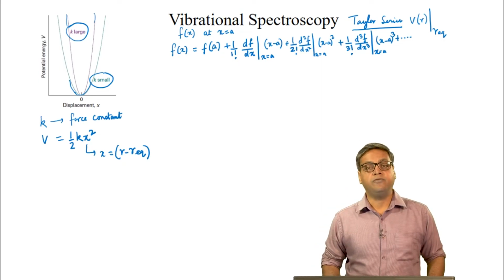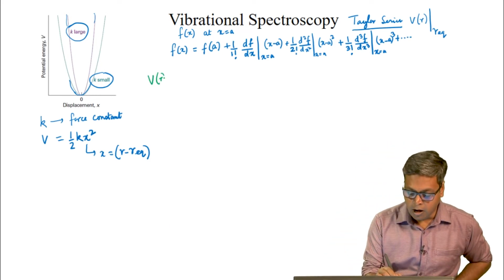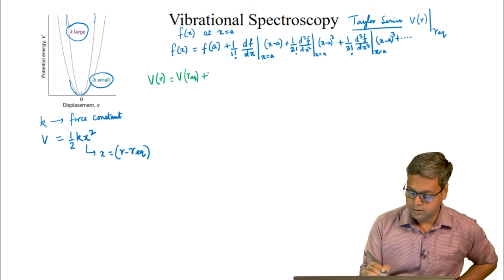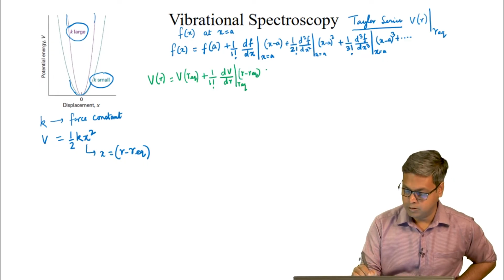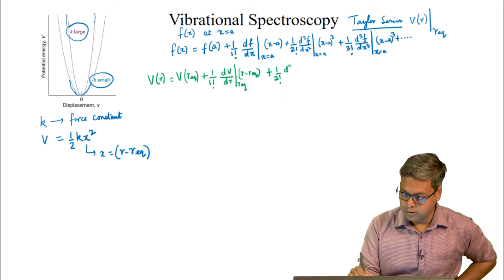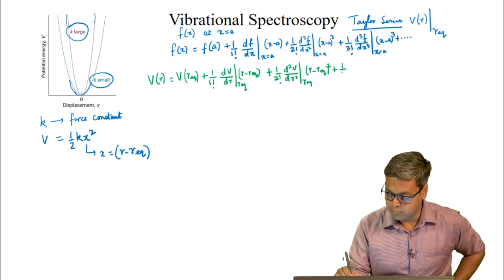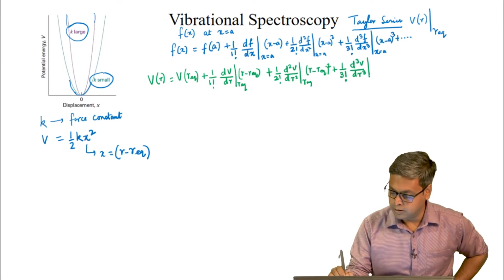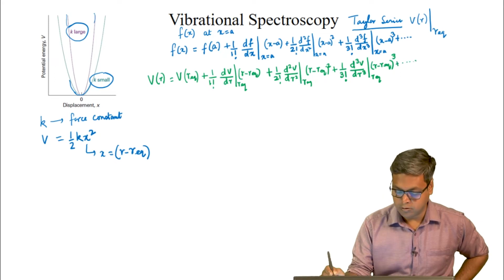So, we can expand V of r by writing V of r equals V at r equilibrium, plus 1 by 1 factorial dV dr at r equilibrium times r minus r equilibrium, plus 1 by 2 factorial d2V dr2 at r equilibrium times r minus r equilibrium squared, plus 1 by 3 factorial d3V dr3 at r equilibrium times r minus r equilibrium cubed, plus dot dot dot.